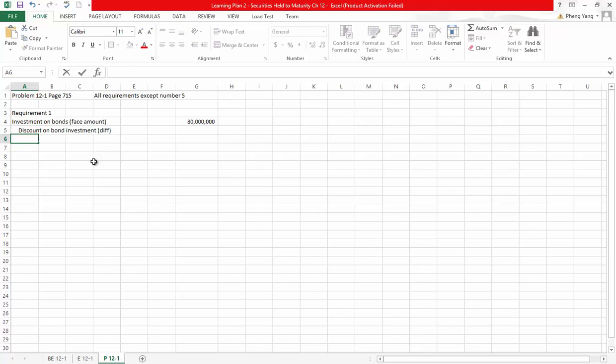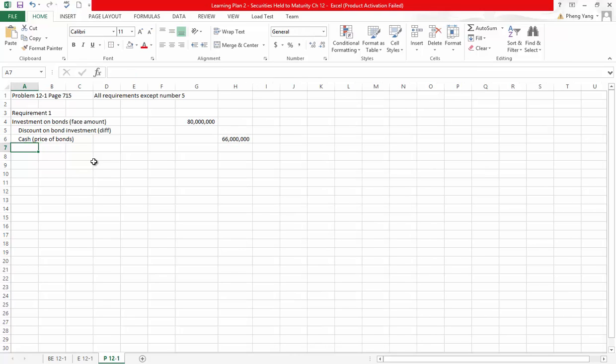And then we're going to record the cash that we paid. All right, so we paid $66 million for the 80 million bonds. Our discount then is going to be the difference of $14 million. Okay, so that's what we do for requirement 1.